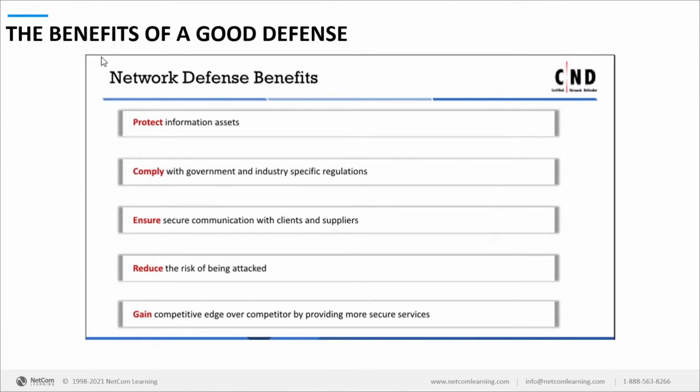Benefits: we protect our information. We comply with government and industry-specific regulations. This is only going to get more in depth. Now we have to comply with insurance requirements. A couple of years ago, everybody was allowed to do a self-assessment.